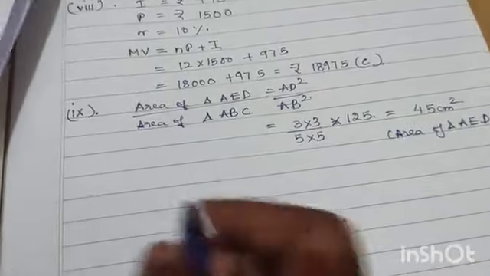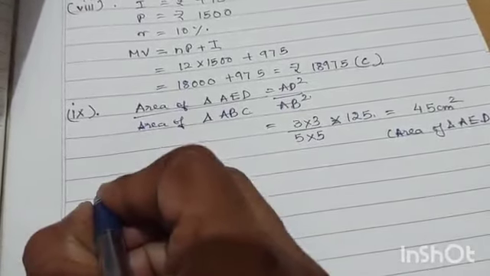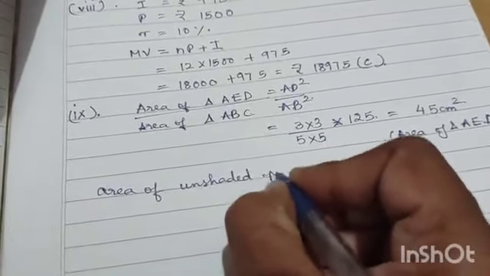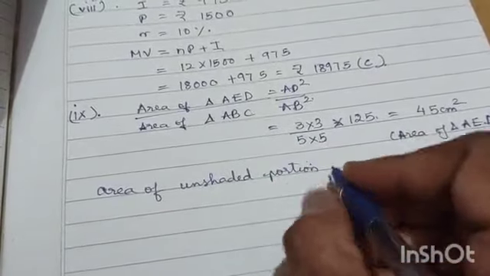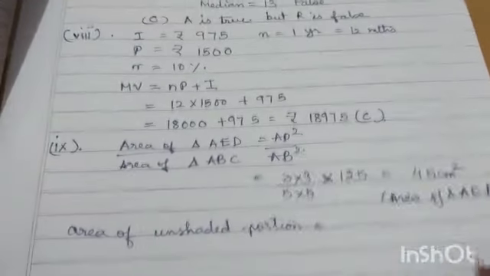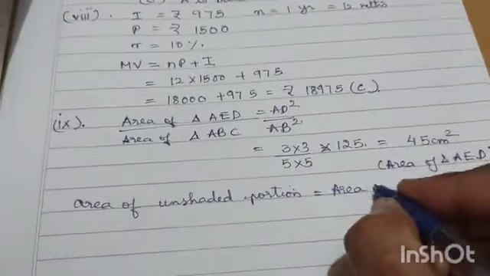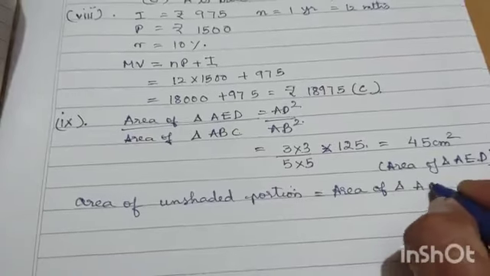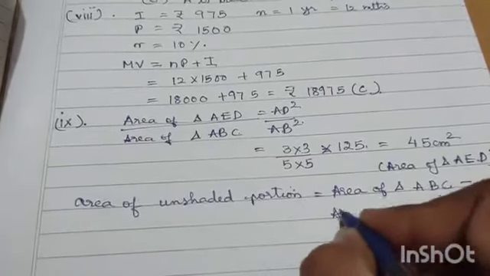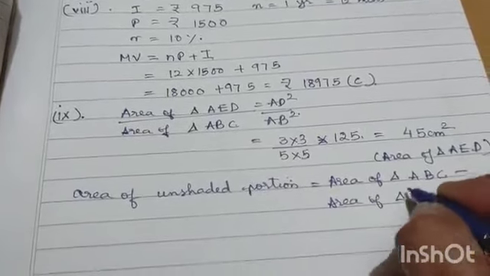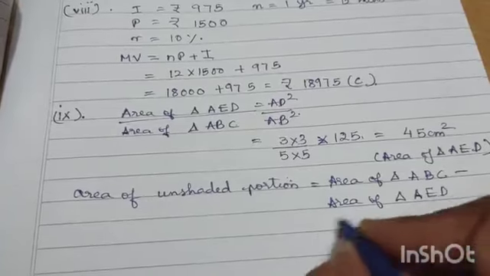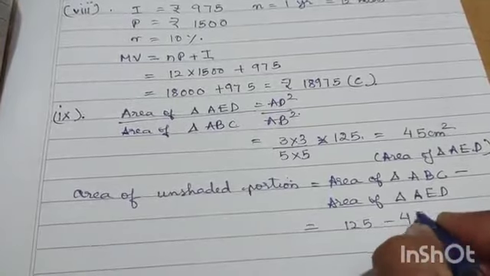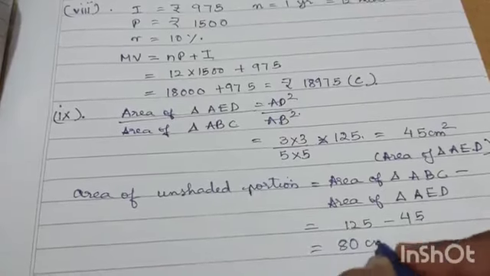So the unshaded portion area is area of triangle ABC minus area of triangle AED, that is 125 minus 45, 80 centimeters square.